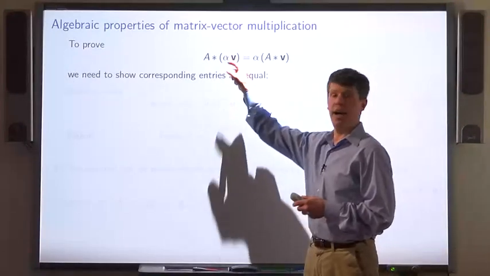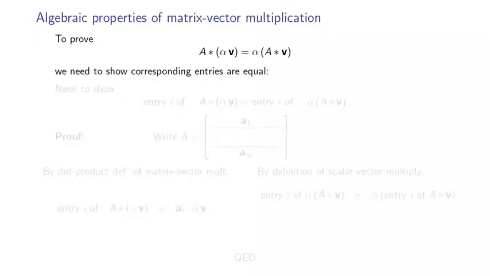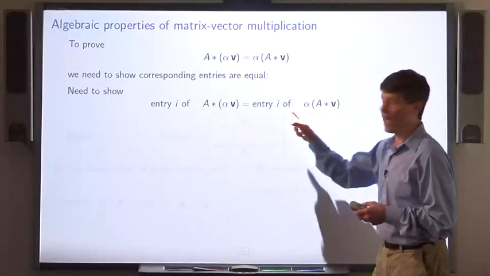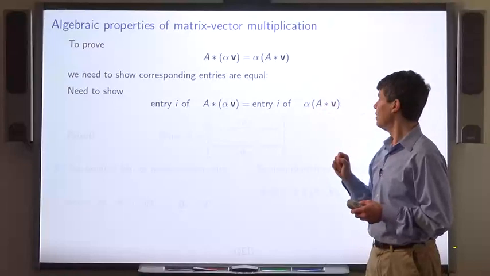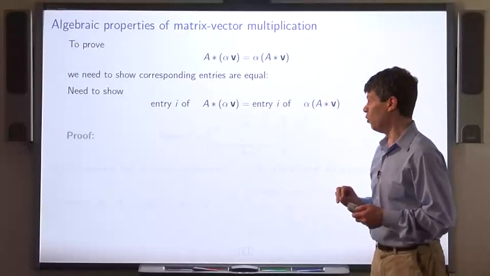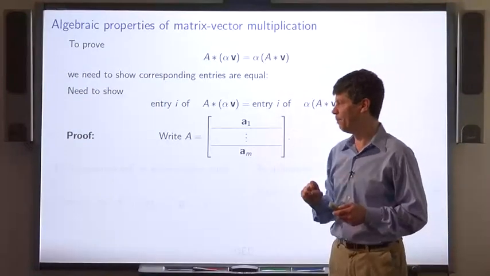To prove A times alpha v equals alpha times Av, we just have to show that corresponding entries of the left and right-hand sides are equal. That is, that entry i of A times alpha v equals entry i of alpha times A times v. Well, let's write A in terms of its rows, a_1 through a_m.